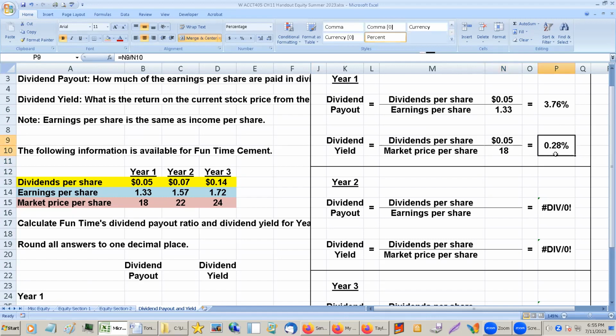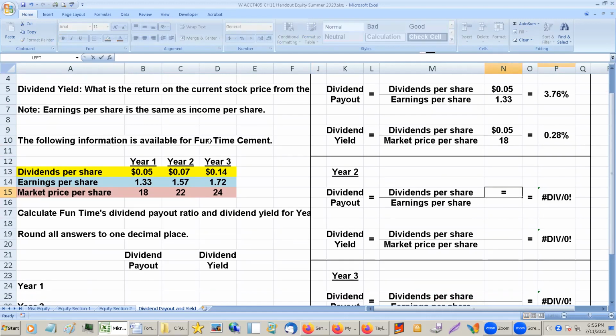So the actual return on your stock, if you're paying $18 and getting a 5-cent dividend, is 0.28%. And we do the same thing here too, to see how that changes.